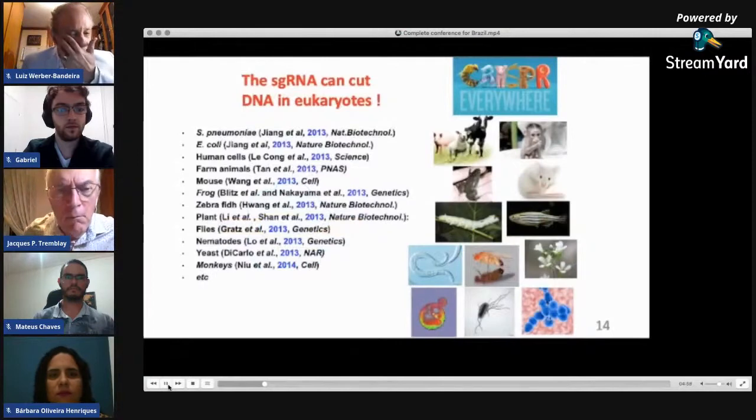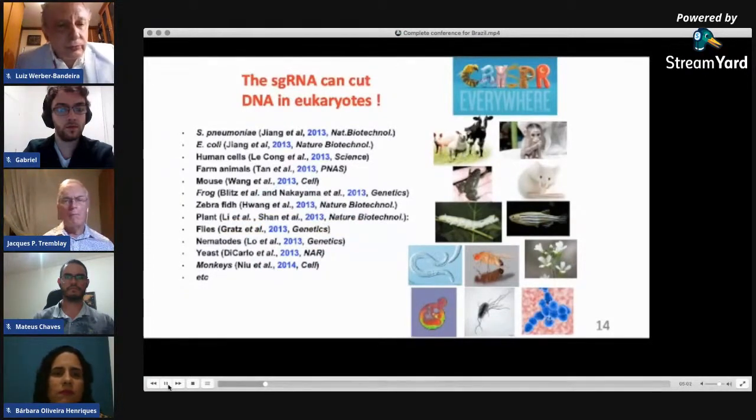During the following year, there was an explosion of articles confirming that the CRISPR-Cas9 technology may be used to cut the genome of bacteria, human cells, farm animal, mouse, frog, zebrafish, plant, flies, nematode, yeast, monkeys.